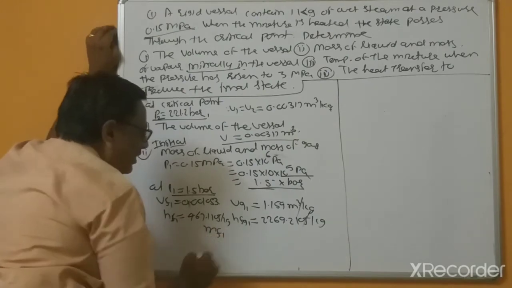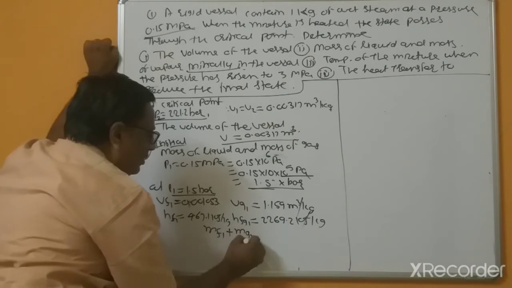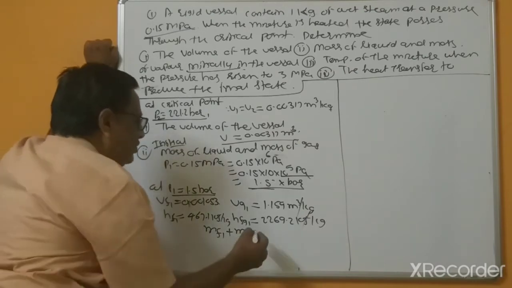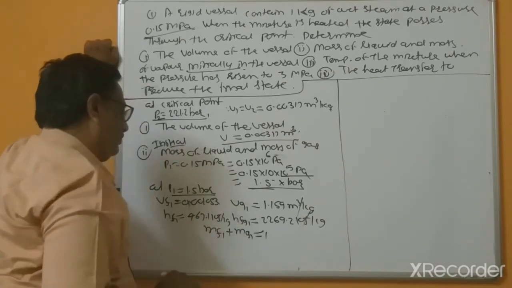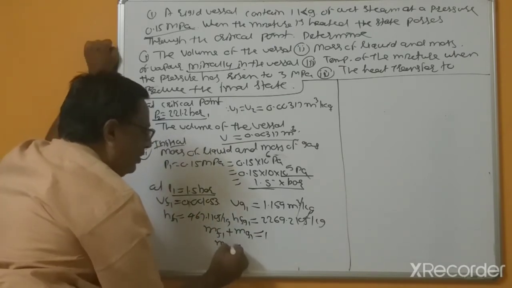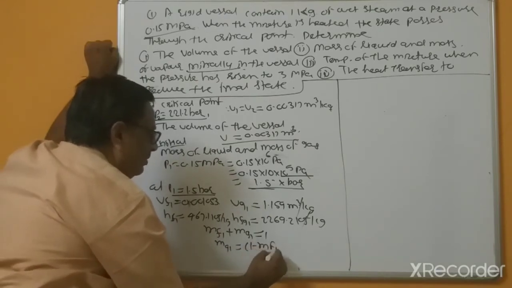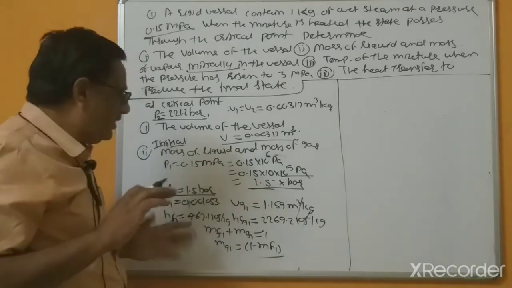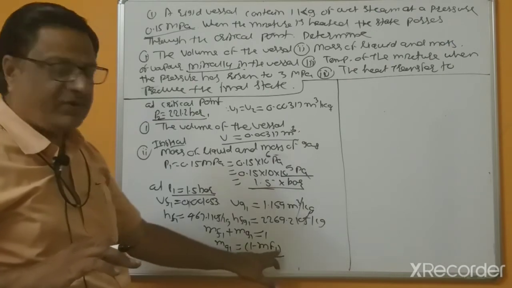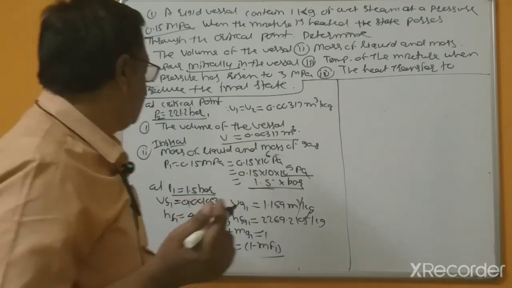So we can consider MF1 plus Mg1 equal to 1, or Mg1 equal to 1 minus MF1, or MF1 equal to 1 minus Mg1. Both are same.